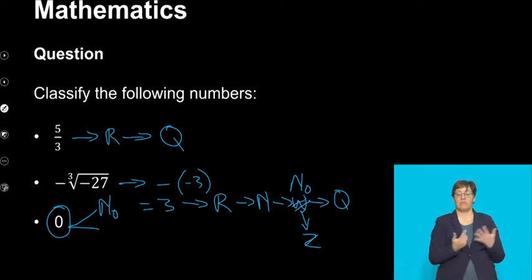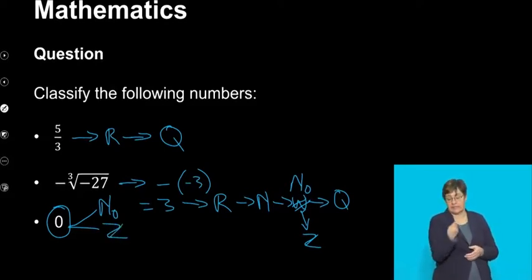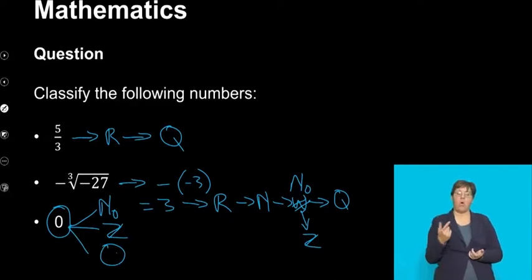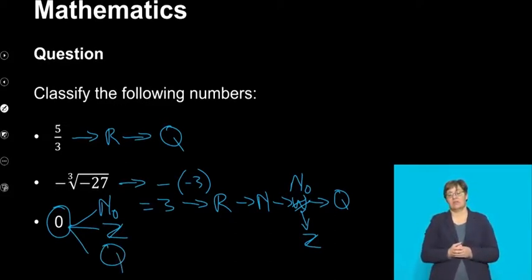It can be a whole number, it can be an integer, and it can also be, what is that called? A rational number. Here I almost said irrational. It can also be classified as a rational number, and this is a real number, and that's how you then classify numbers.